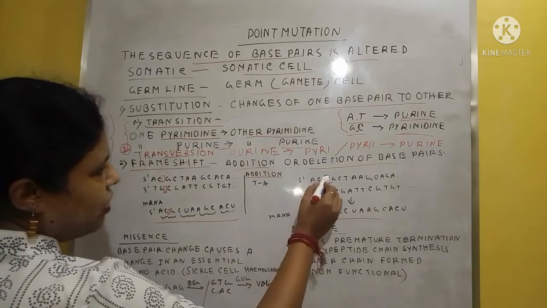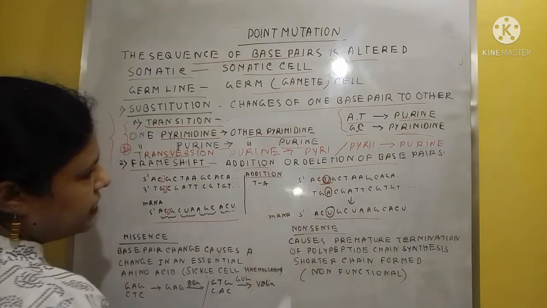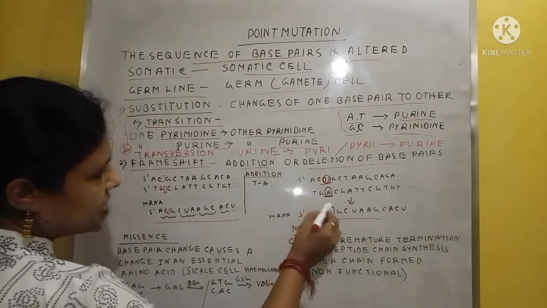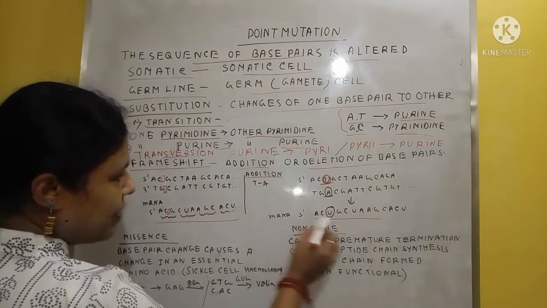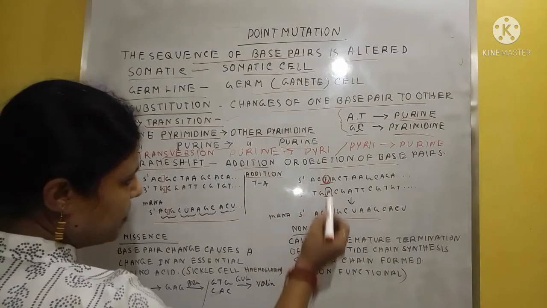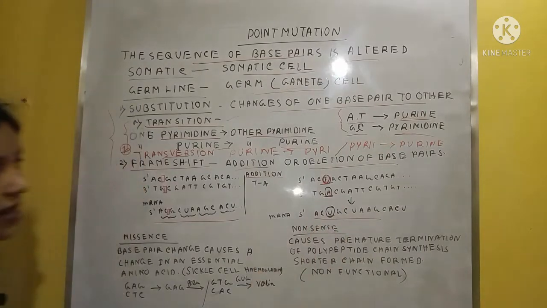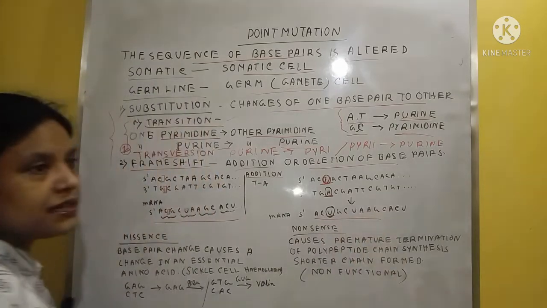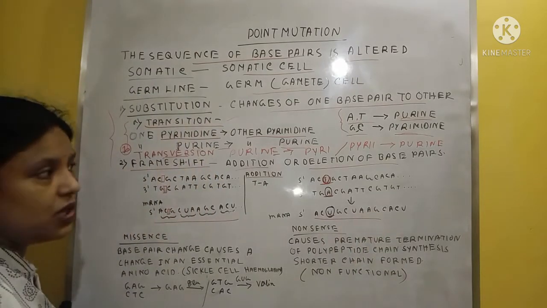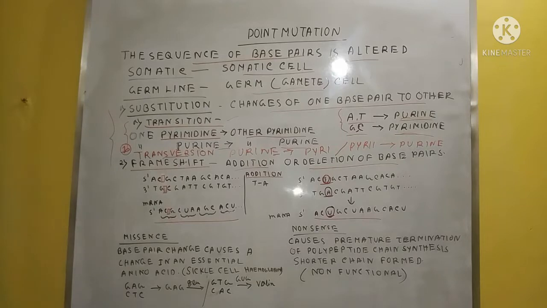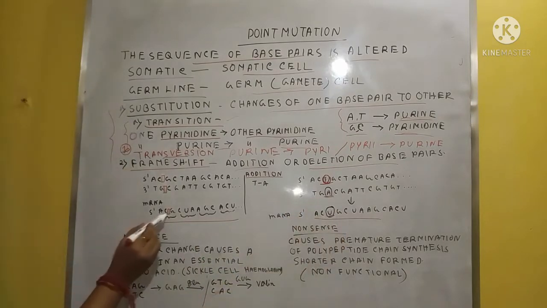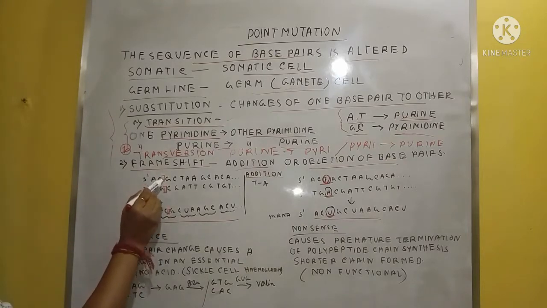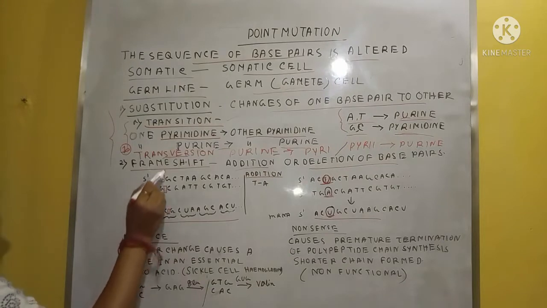After the addition of this T base pair, another base pair A is formed, that is its complementary base pair, and when the mRNA is formed, its complementary base is U. You know that DNA has A, T, G, C, and in the case of RNA A, U, G, C, uracil. So here the complementary base of A is uracil. You see here uracil is absent, because the addition of T did not occur in that situation.